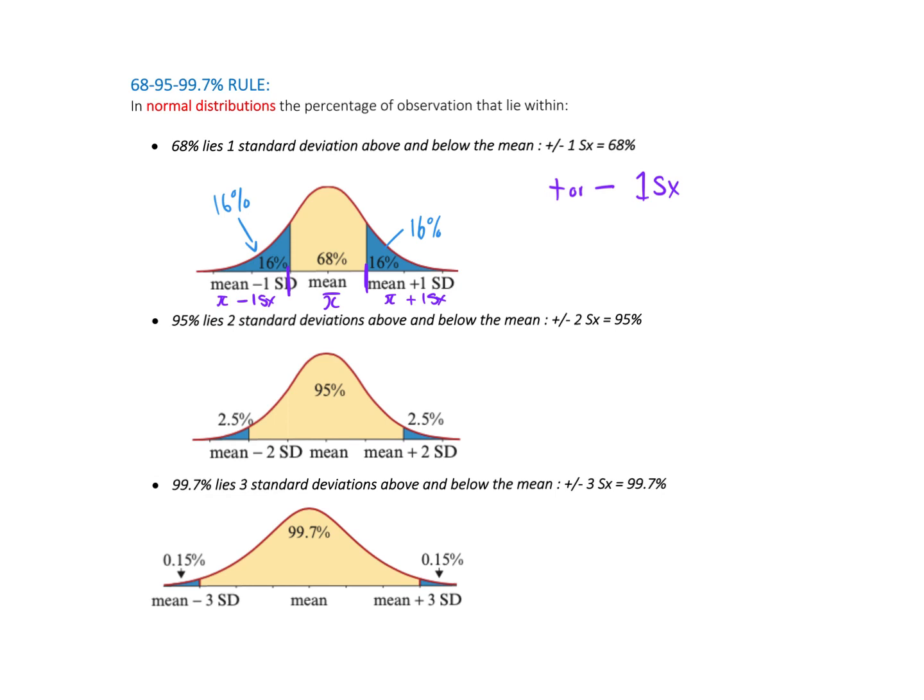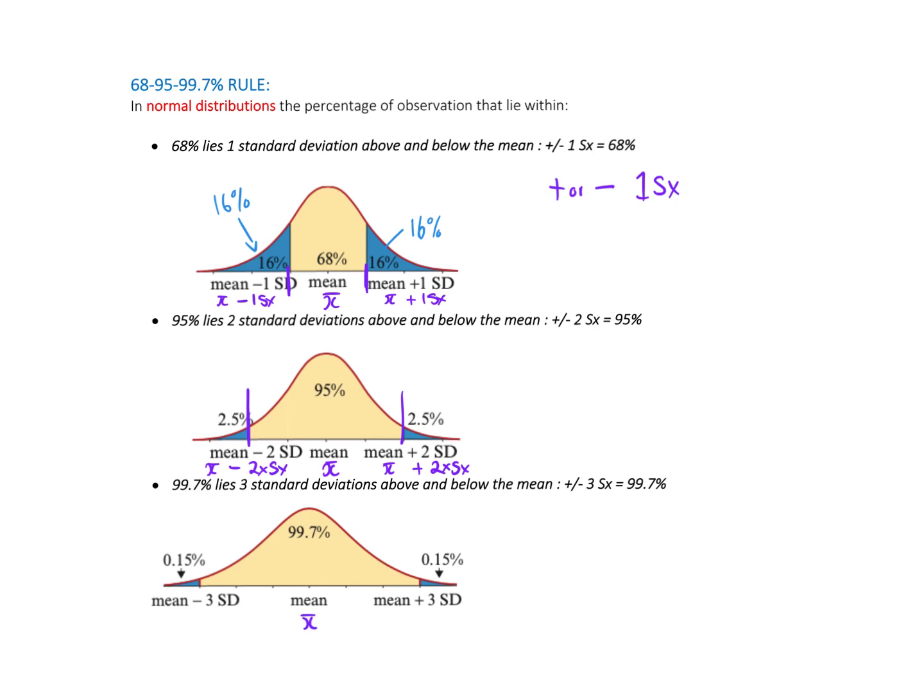When we have 2 standard deviations, it means we took the mean and added 2 times the standard deviation, or the mean minus 2 times the standard deviation. When we do that, 95% of the data lies between those two values. Okay? And then the last one is when we go 3.